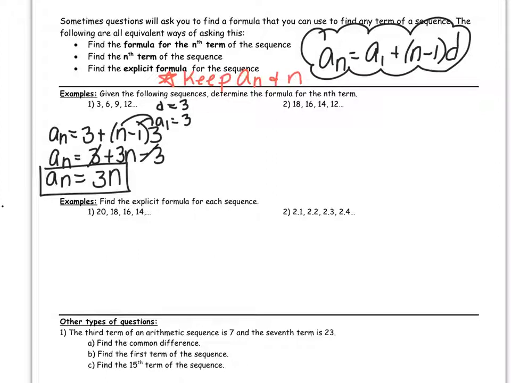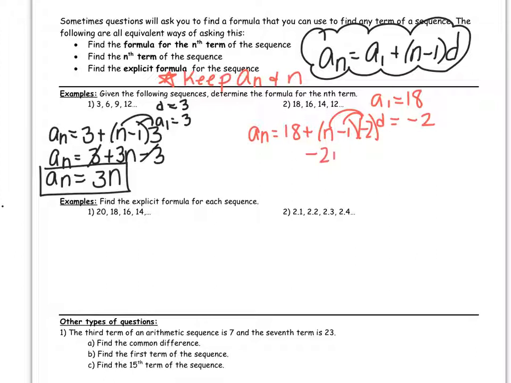Alright, let's try another one. So again, the only two pieces that we need to find this formula are a sub 1, which is 18, and my common difference. In this case, 18 to 16 to 14, looks like we are subtracting 2, so that's my common difference. And we're going to plug into the formula. A sub n equals a sub 1, which is 18, plus n, we're going to leave alone, minus 1, times d, which is negative 2.